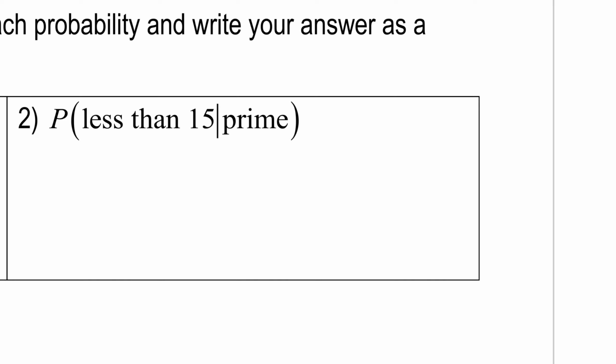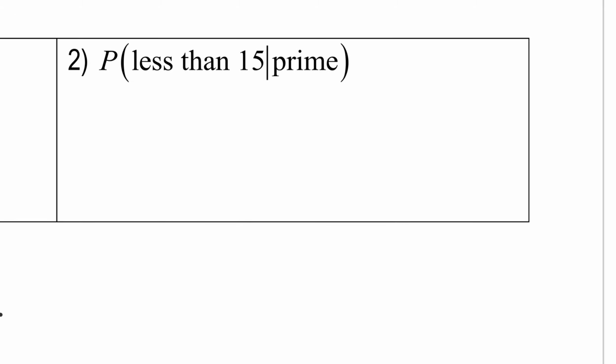Okay, 2, I want the probability of a number that's less than 15 given that it's prime. Okay, we went over prime numbers, so I want to find the prime numbers first. If you want to list them all out, we can. Again, 1's not prime, so we'd have 2, 3, 5, 7, 11, 13, 17, 19, right? So I have 1, 2, 3, 4, 5, 6, 7, 8.